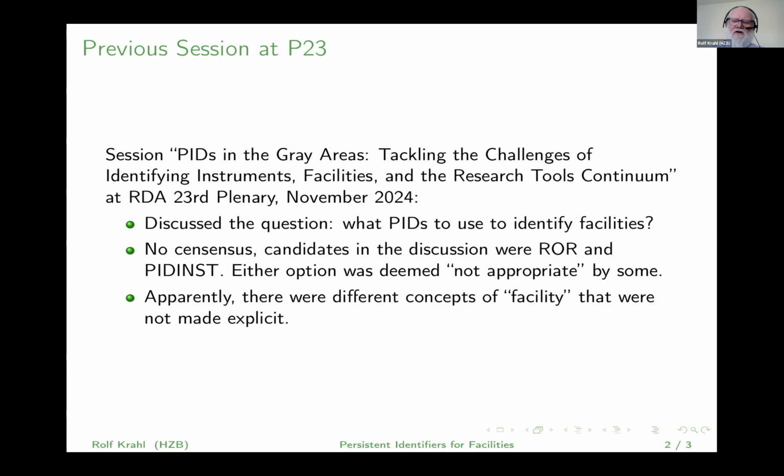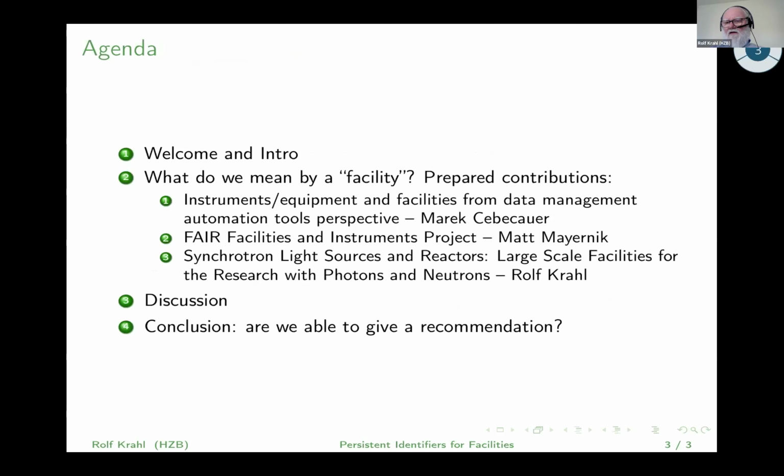My impression from the last session was that there were different concepts of what a facility is in people's minds, and that was more or less the problem why we didn't come to a conclusion. That is why we now thought it would be useful to continue that discussion at this plenary.